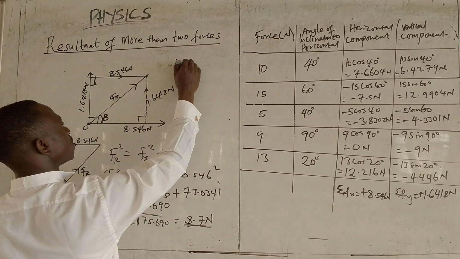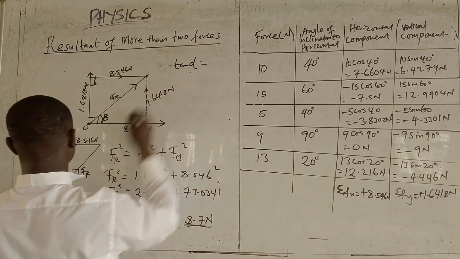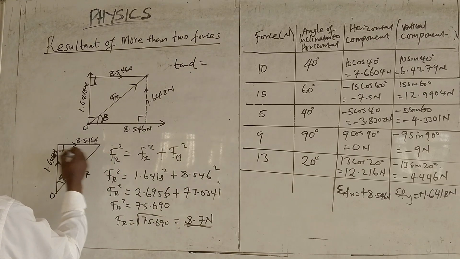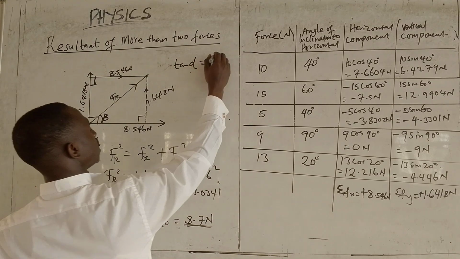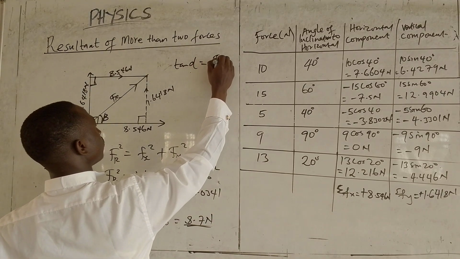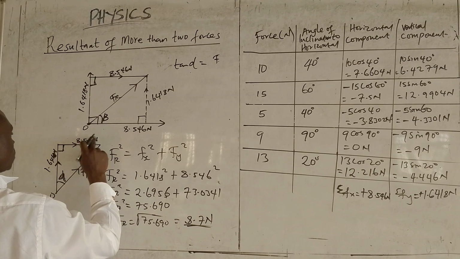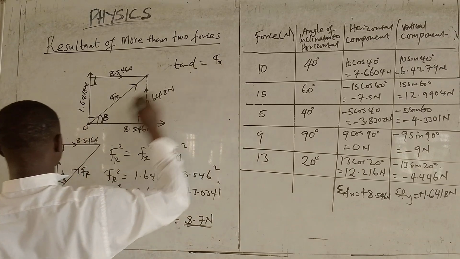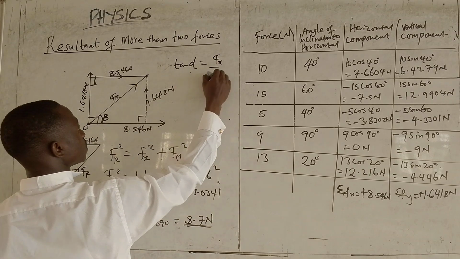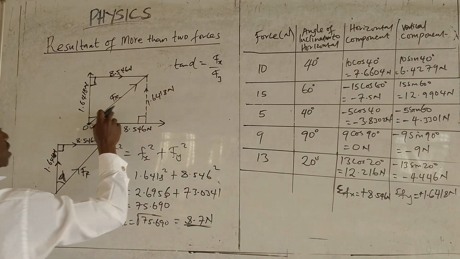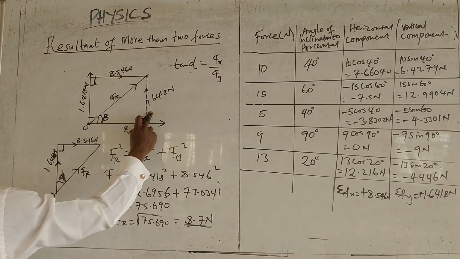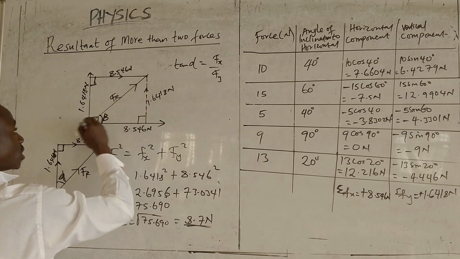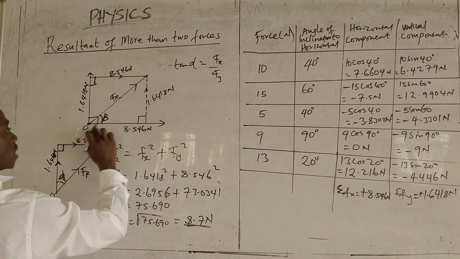So tan alpha equals opposite over adjacent. Here Fx is the opposite to alpha, over Fy. But if you are using the other triangle, it's going to be Fy over Fx.